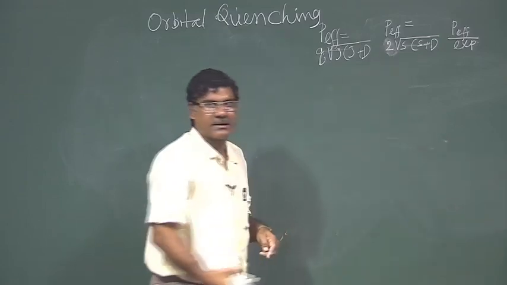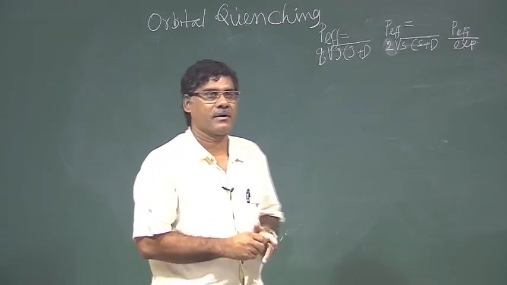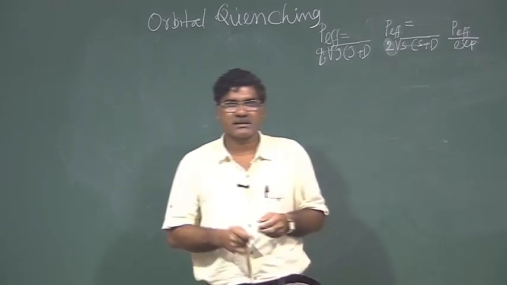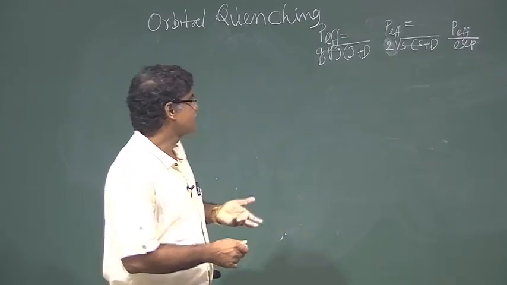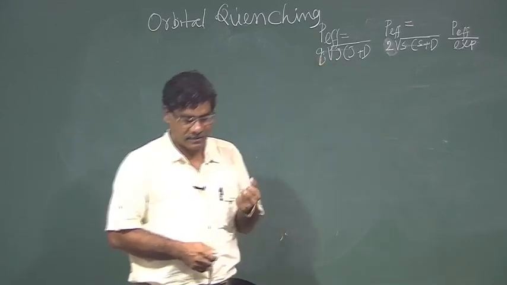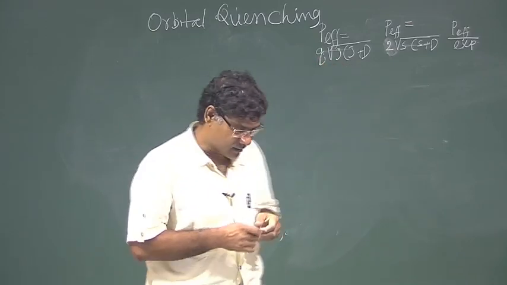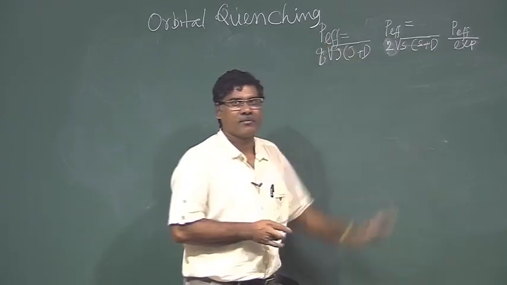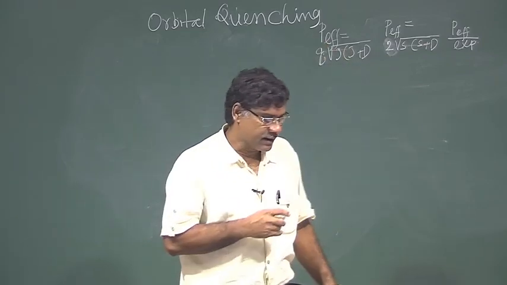In the case of rare earth, L is contributing with S, and thus J is the effective angular momentum, and the corresponding P effective value agrees with the experimental result.